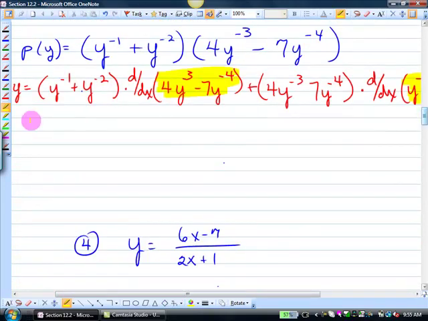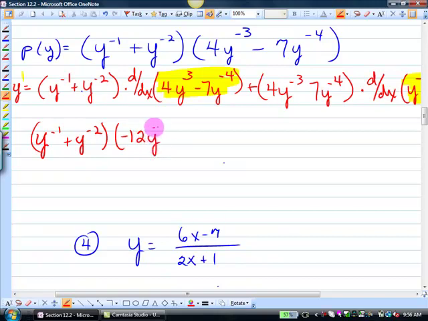Okay, so that's y prime. Red. Where's my red? Okay, what's the derivative of this guy? That's a negative 3. So what's that going to be? Oh, it'd be good to be in red instead of yellow. All right. y to the negative 1 plus y to the negative 2 times, what's the derivative of this? Negative 12 y to the what?